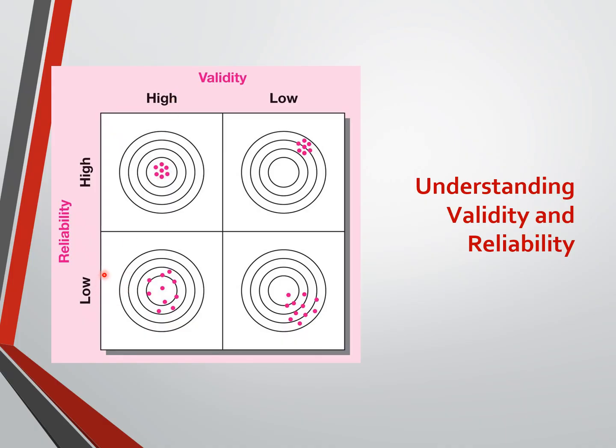But here, the validity is high but the reliability is lower, because the data is moving across each other. Now, when both are low, the data goes to one particular side, and that indicates it.